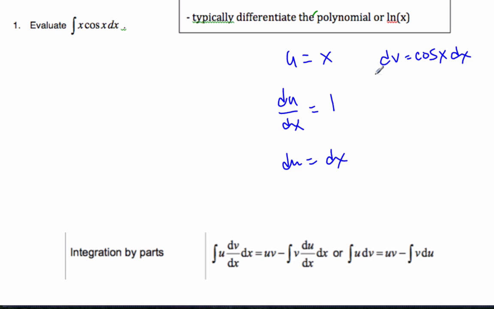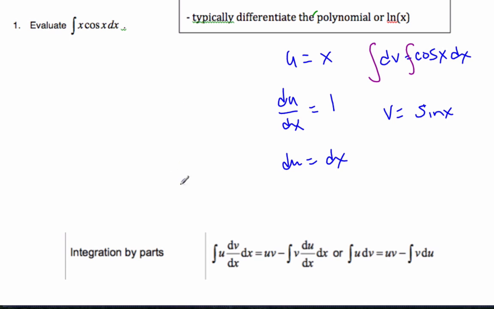And over here, I'm going to integrate this. So I'm going to integrate this side and this side. When I integrate dv, I simply get v. When I integrate cosine x dx, I get sine x.